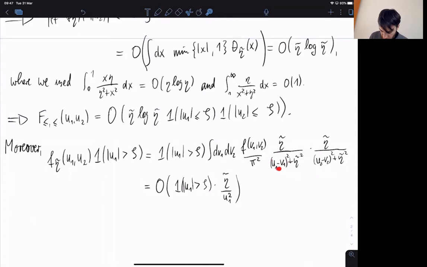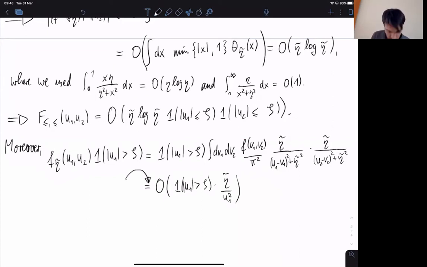So this here is at least u2. This difference here is at least, in modulus, zeta over 2, say. Okay. So then in this denominator here, I can also forget about the other term. So I'm just left with this ratio. This will be an integral over a bounded domain, and the f is also bounded. So there's nothing happening.